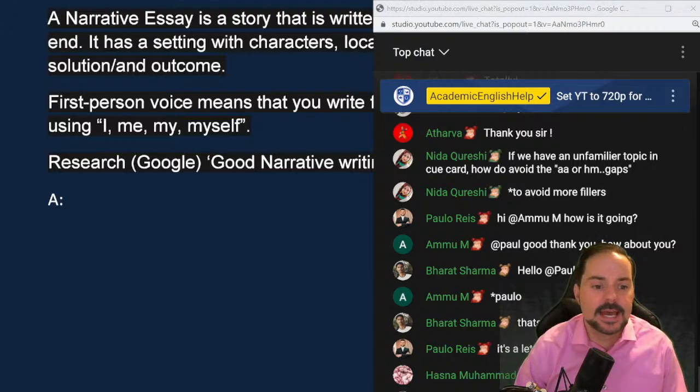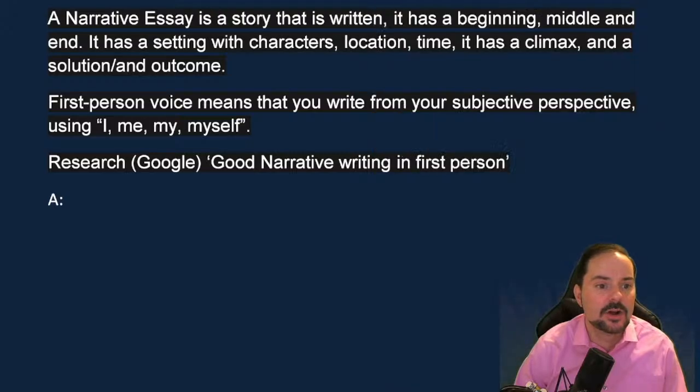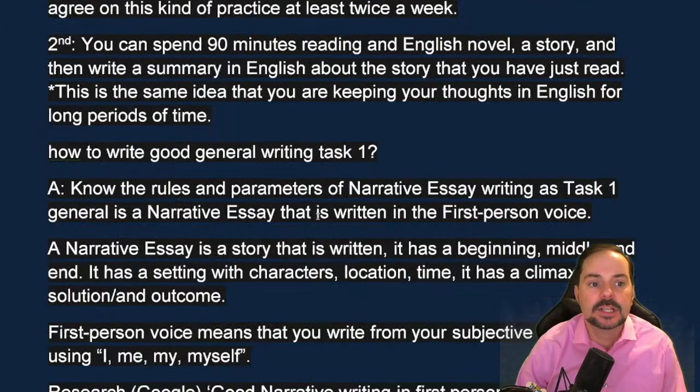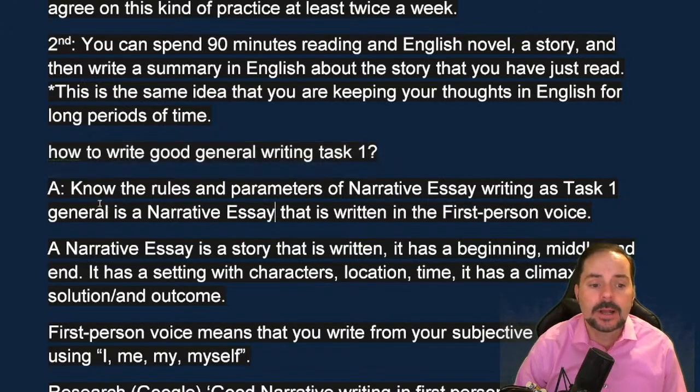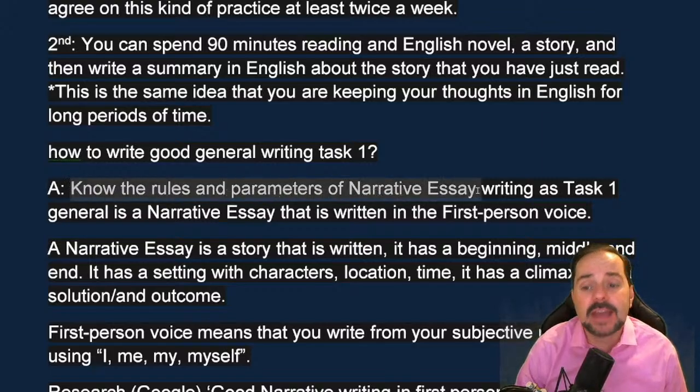Let me just get the chat window off here, so you can see this. Paulo's question again was how to write good general IELTS Task 1. The answer to this is know the rules and parameters of narrative essay writing.